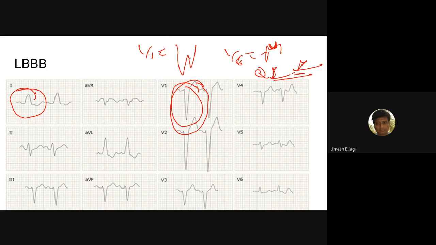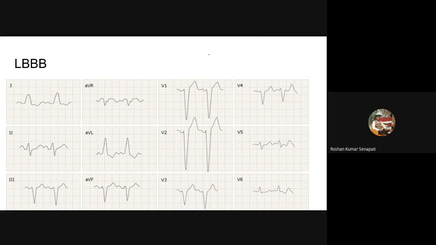See, this RSR is secondary. This is an in-between thing, a small thing happening now. If it is abolished, you can get monophasic like this. So that means LBBB will become negative in V1 and positive in V6. RBBB becomes positive in V1, negative in V6.